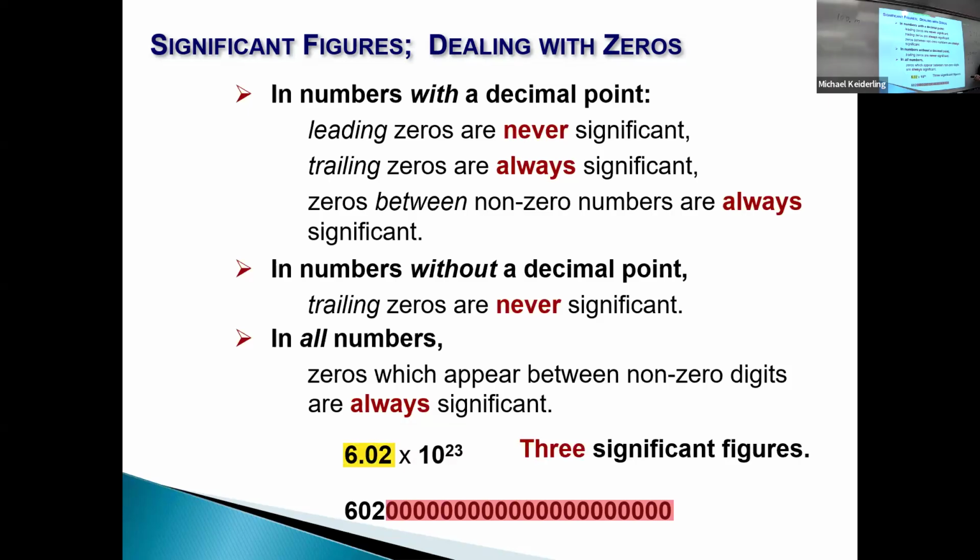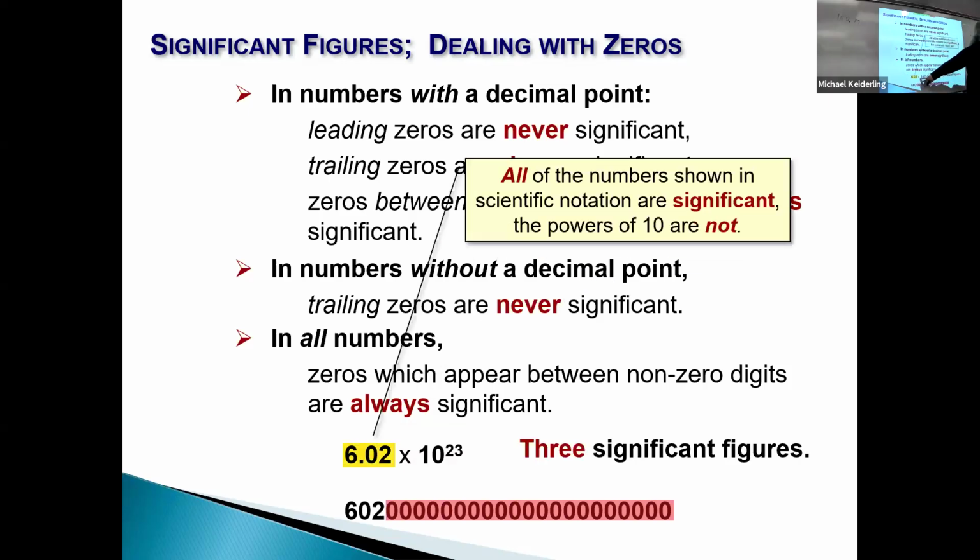That has three significant figures. But if something is written in scientific notation like this, all of the digits shown will always be significant. The powers of 10 aren't part of that. They don't count. They just tell you where the decimal point goes.